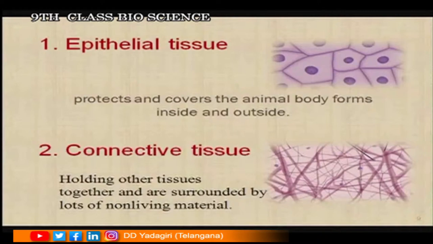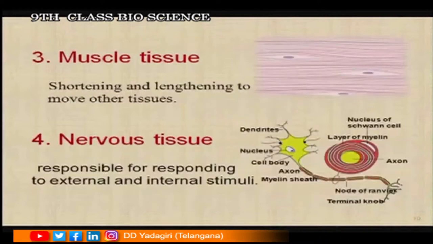The connective tissue holds the other tissues together and is surrounded by lots of non-living material. 3. The muscle tissue shortens and lengthens to move other tissues. 4. The nervous tissue is responsible for responding to external and internal stimuli.